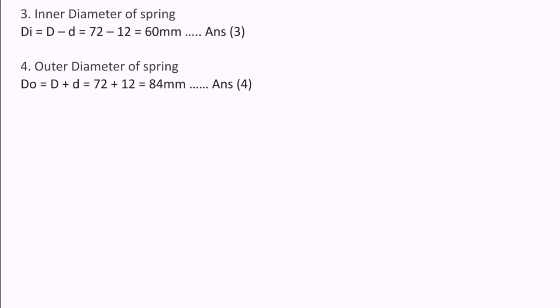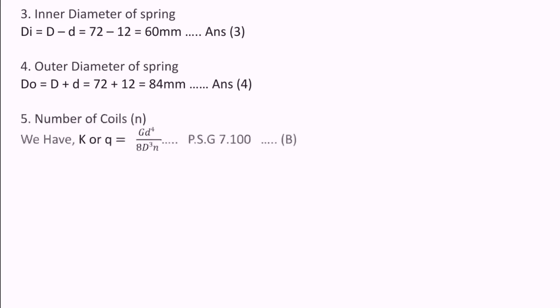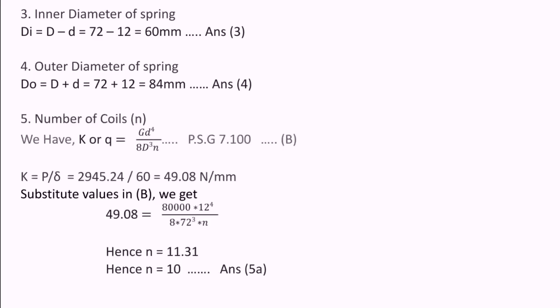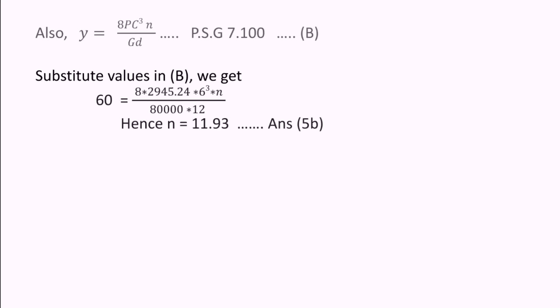For number of coils, again I am using the relation for stiffness. We know that stiffness is equal to load upon deflection. On solving which I will get stiffness is equal to 49.08 Newton per mm. Substituting the value, I will get N is equal to 10. Also I am finding the number of turns by using deflection relation. So I have y is equal to 8 P C cube N divided by G d.